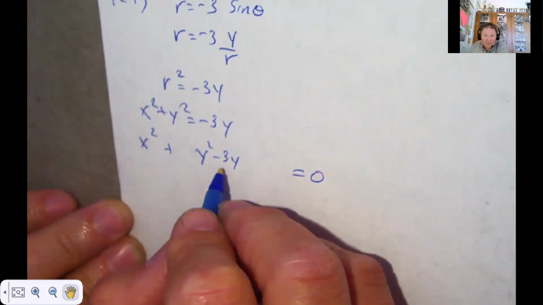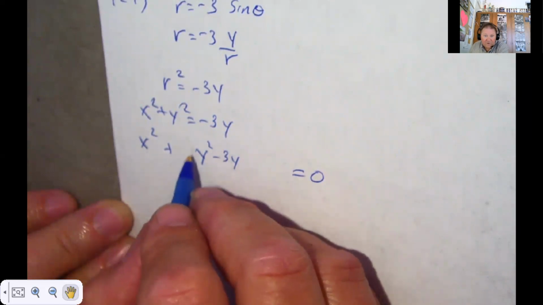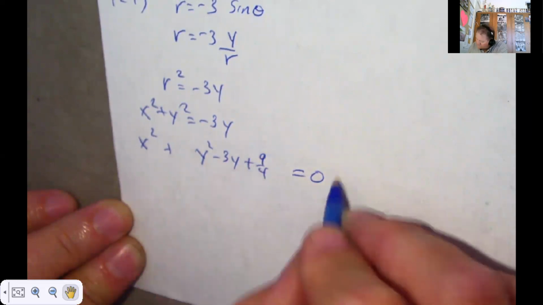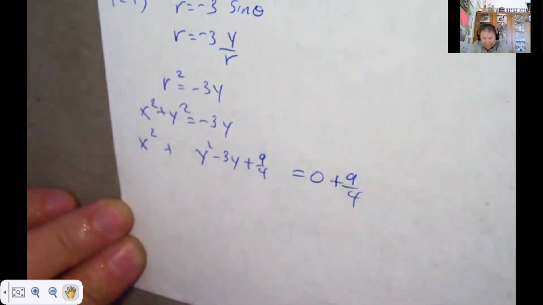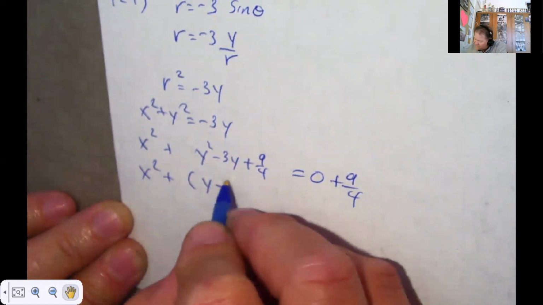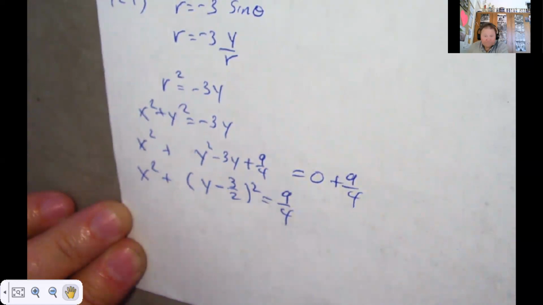We do b squared over 4a, so b squared would be 9, over 4 times 1 is 4, so 9/4, which means I have to add a 9/4 over here. So this is going to be x squared plus y minus 3/2 squared is equal to 9/4.